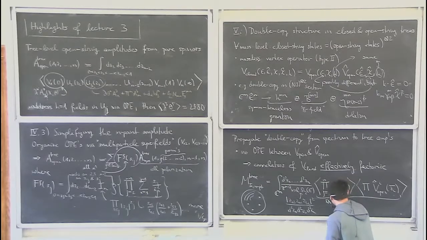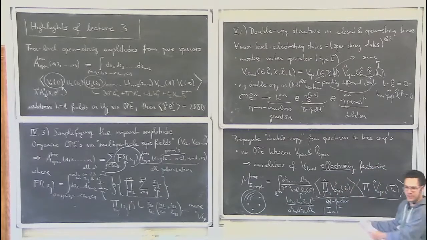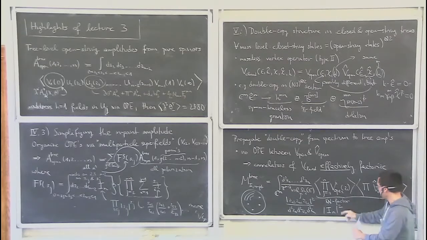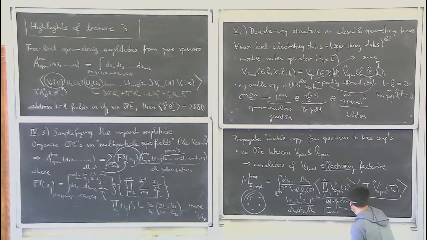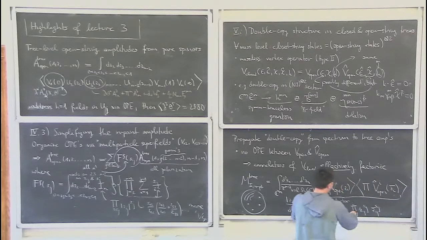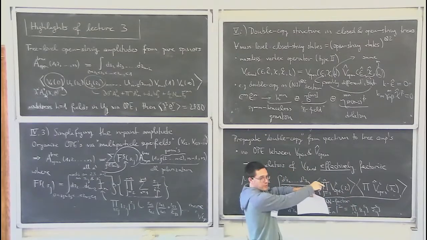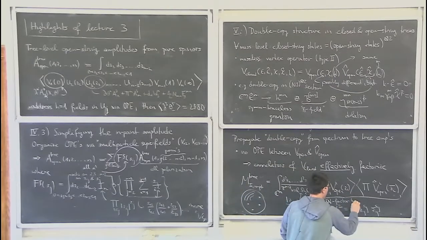So the Koba-Nielsen factor for the closed string will be absolute value squared, not surprisingly. And given that this is an absolute value squared, you can always do a holomorphic factorization. You can present it in a way, z_ij to the s_ij, and of course the branches of these multi-valued functions have to be chosen in mutual agreement. So also the Koba-Nielsen factor that you produce from this effective prescription has a notion of holomorphic factorization.